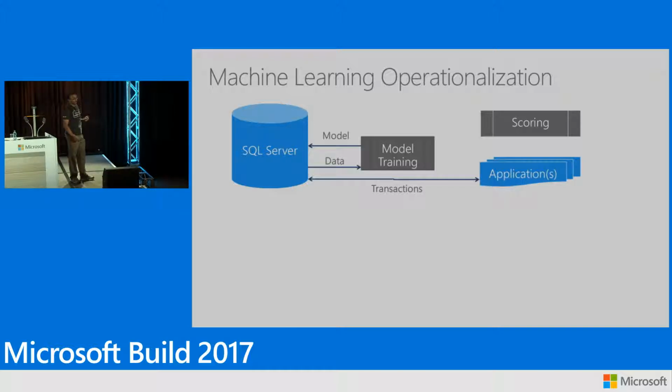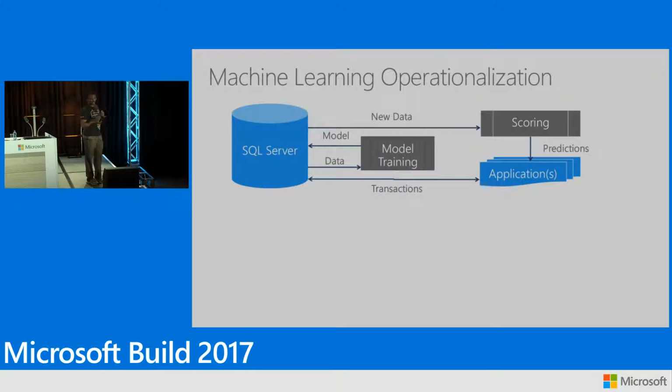That's the part we call scoring. It takes the model and the new data and says, okay, what is the outcome? In the fraud case, it will give a probability saying this transaction is probably 90% fraud or something. In other cases, it might predict a class of the customers, like, are they going to buy this product or not? The input to that is the new data, and it's going to take the model also from the database.